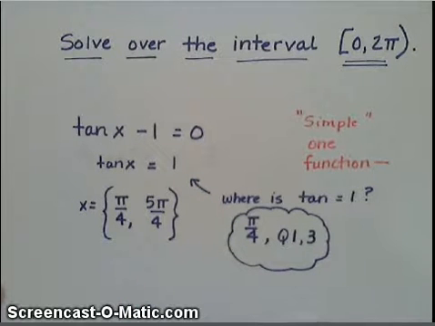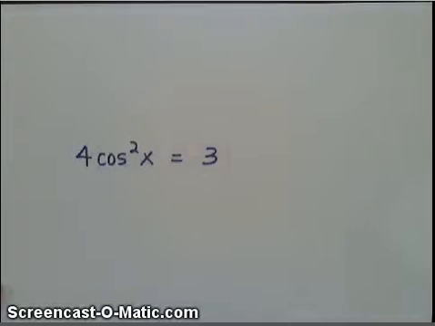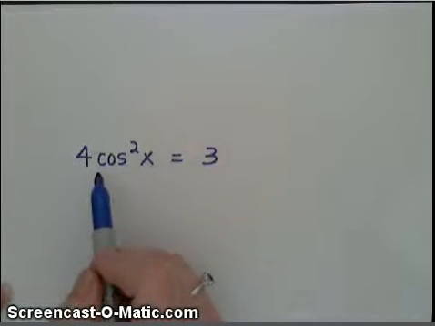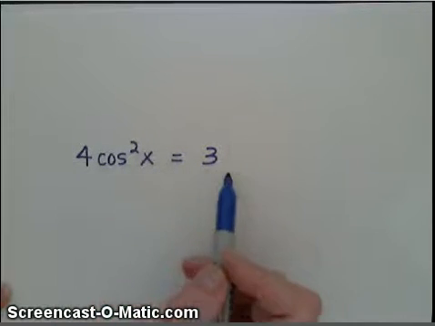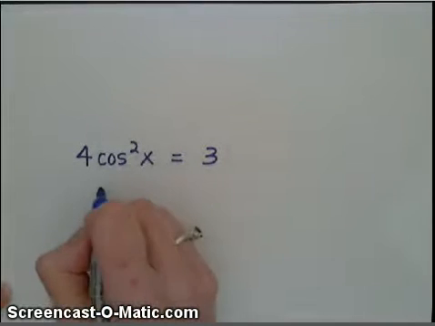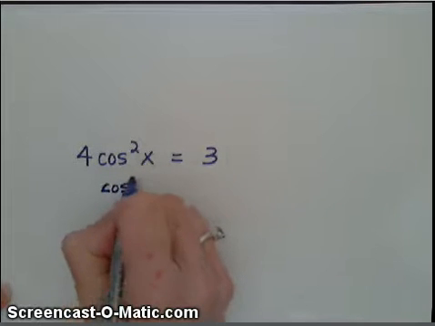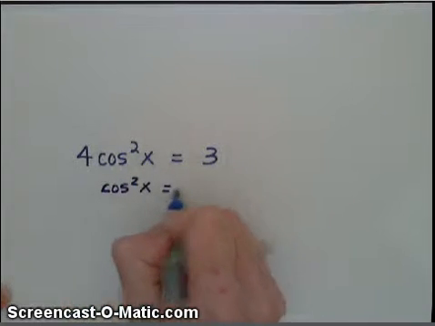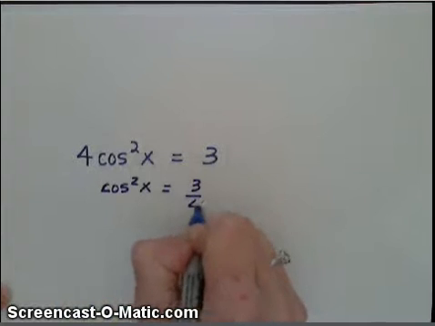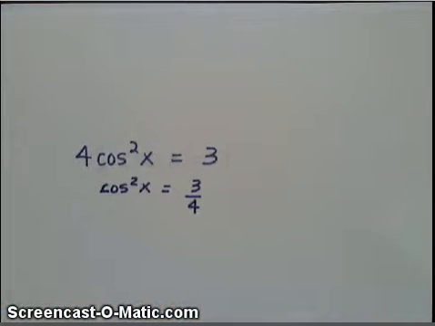Let's look at the second one. The second one brings to the table a squared function, 4 cosine squared x equals 3. The first thing you would do if you were solving this is divide both sides by 4. So you would get cosine squared x equals 3/4.